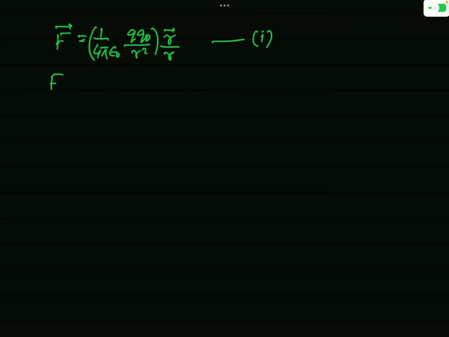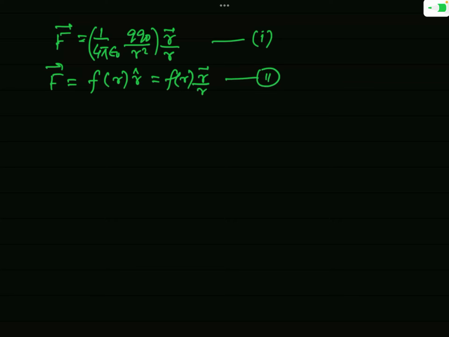Now compare this equation 1 with this equation, F equal to F of r times r hat, or you can say F of r times r by mod of r. Compare these two.